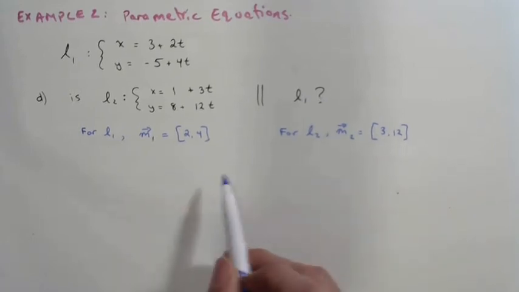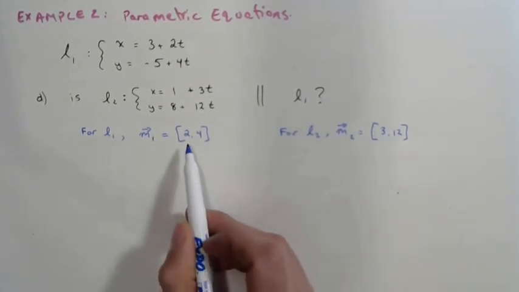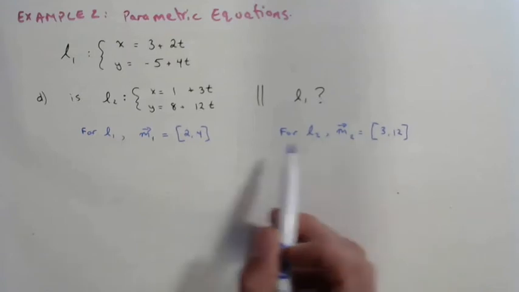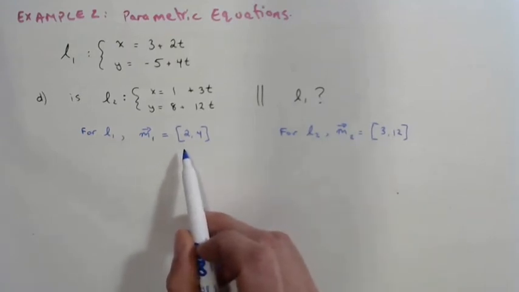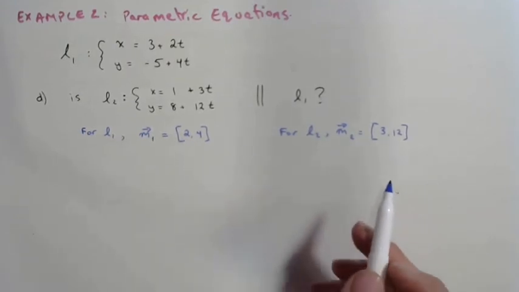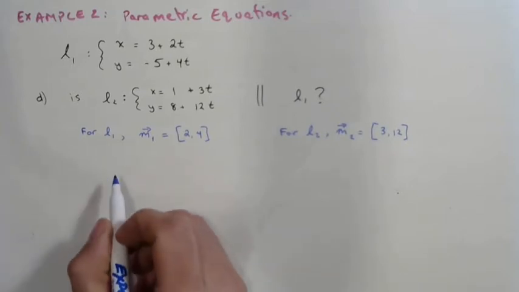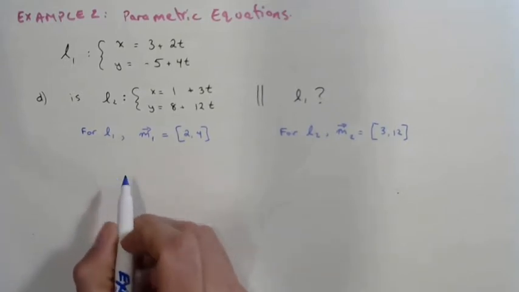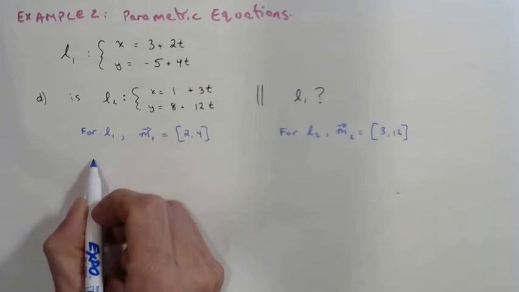I can tell already off the top of my head that that's not the case. To get from 2 to 3, I need to multiply by 3 over 2, or 1.5. But to get from 4 to 12, I need to multiply by 3. So these are not going to be parallel. But this is what it needs to look like.